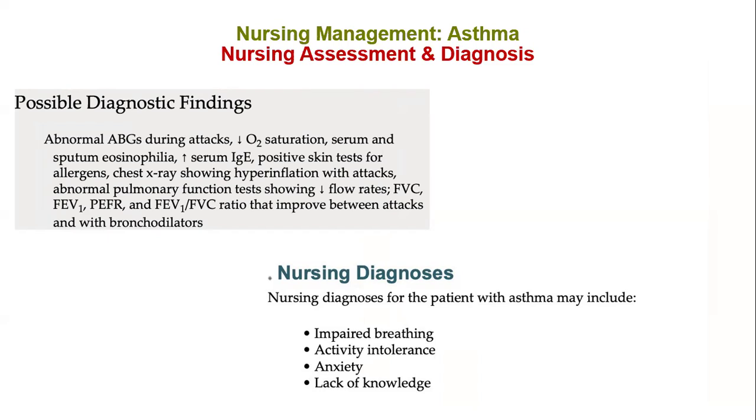You may find abnormal ABGs during an attack with low O2 saturation, serum and sputum eosinophilia, and increased serum IgE related to the sensitivity of the allergy, a positive skin test for allergens, chest X-ray showing hyperinflation with attacks, abnormal pulmonary function tests, and also the ratio between FEV and FVC that improves between attacks while giving bronchodilators.